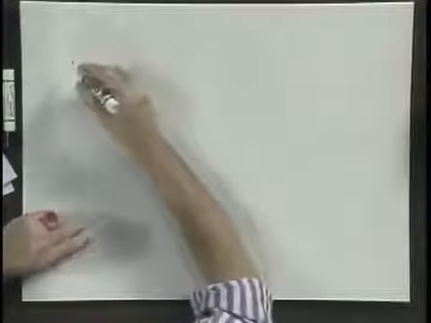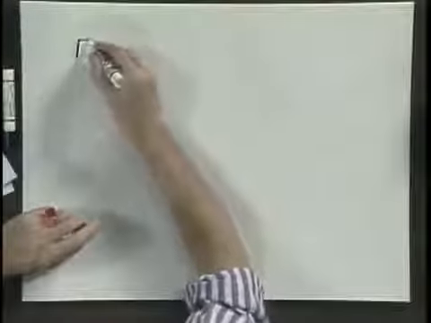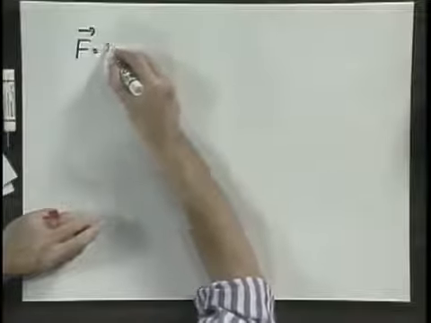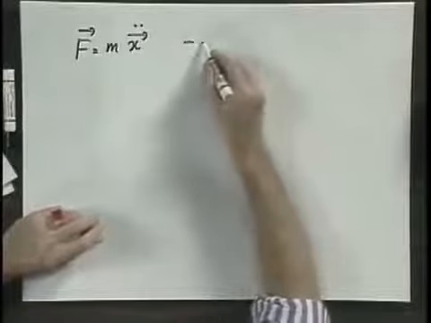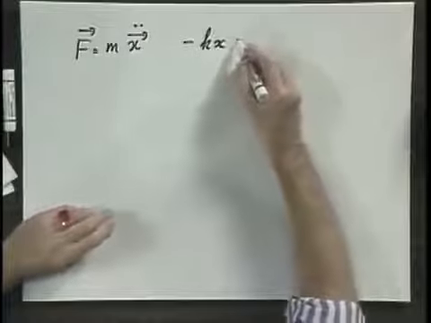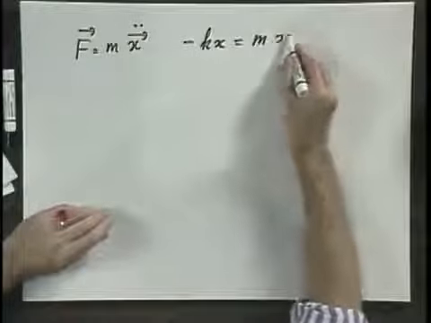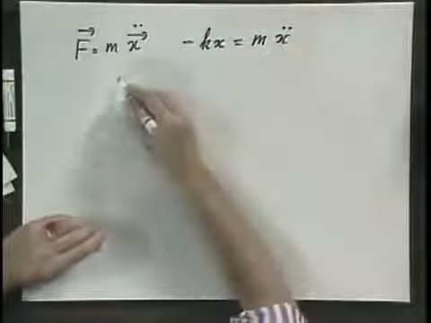So I can now rewrite F equals m x double dot simply as minus kx equals m x double dot.